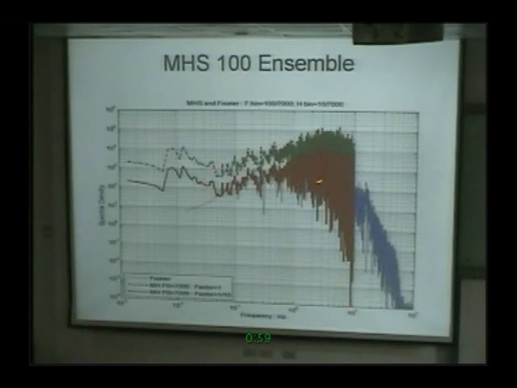This is the difference. If I use a beam size of 7,000 and using factor 1, I get this spectrum here, which is different from the Fourier spectrum. But if I realize that 10 to 100 is a factor of 10, because my beam size now has a factor of 10 difference, so if I multiply by a factor of 10, I immediately bring that down to here.